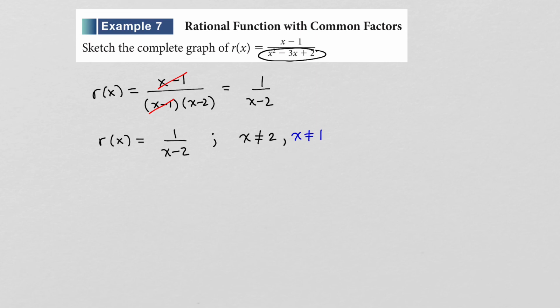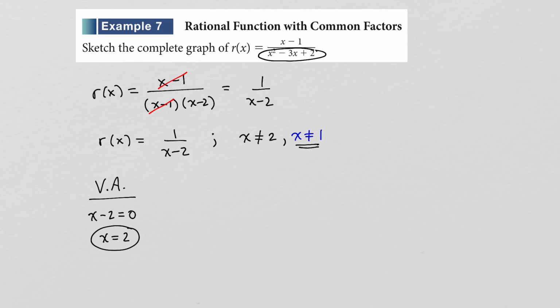Okay, so now the difference is this. When you're graphing this, for your vertical asymptotes, you only concern yourself with the factors that are still present. So the vertical asymptote is going to be when x minus 2 equals 0, which means when x equals 2.